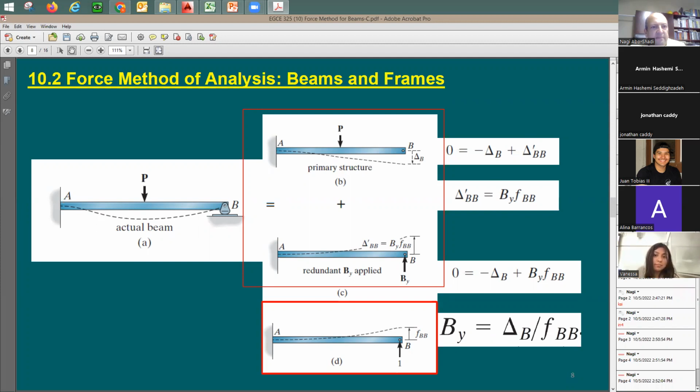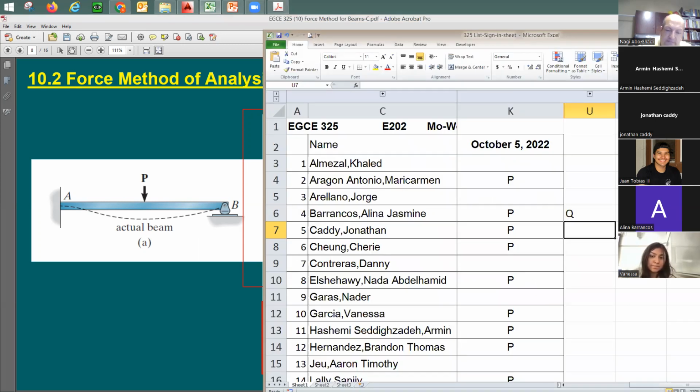So why did I do that? Do you think I had a chance to solve these reactions with this indeterminate, or did I need to do something there? We needed to remove the roller to be able to solve. Okay, thank you very much.